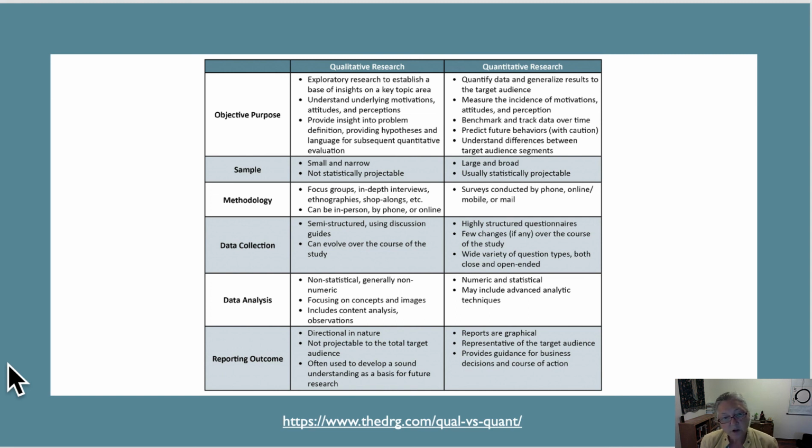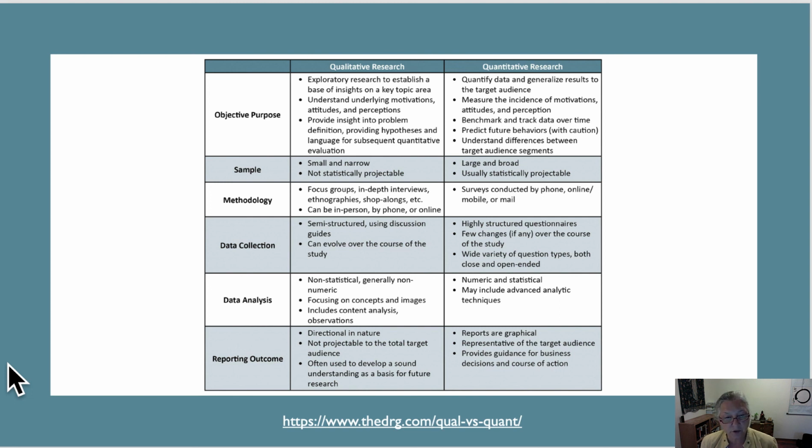The methodology frequently focuses on groups and in-depth interviews or ethnographies. And it can be in person, by phone, or online, which is certainly important during these times where we worry about in-person visits.